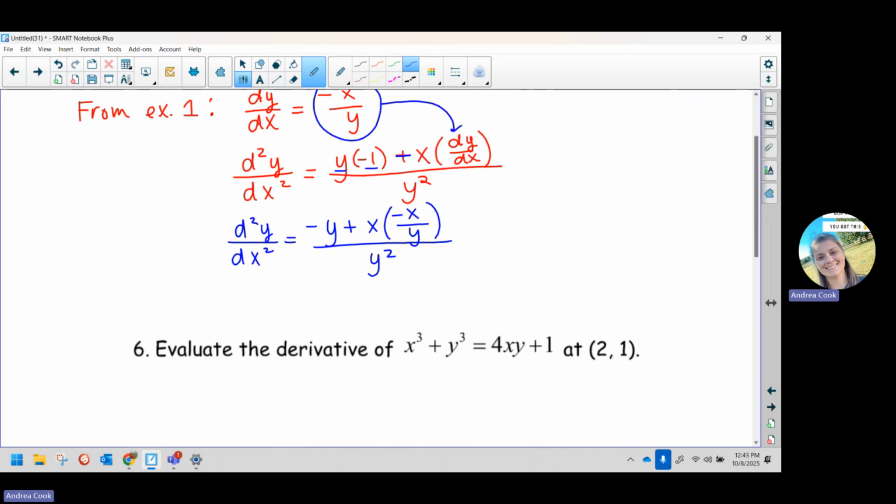All right, so now we need to simplify this. So what's that? Negative y minus x squared over y, all over y squared. We need to get rid of that little fraction.